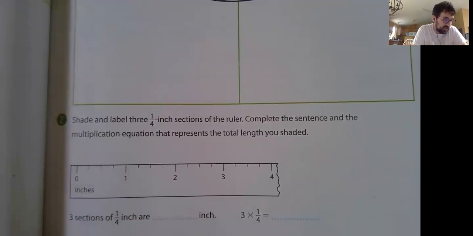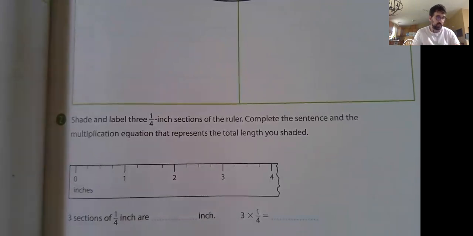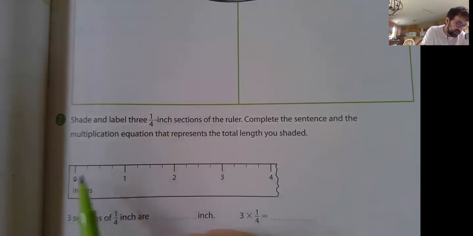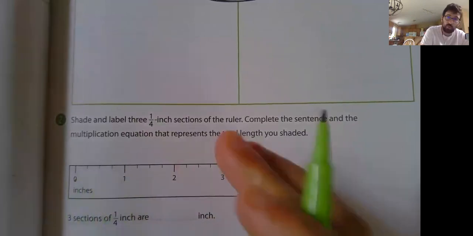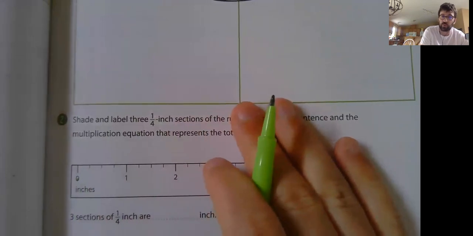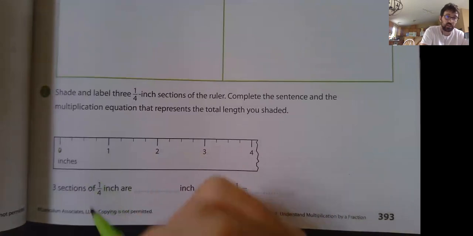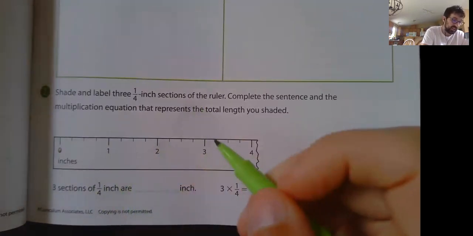Complete the sentence and the multiplication equation that represents the total length that you shaded. So we're going to shade in 3 1/4 sections. From 0 to 1, there's 1, 2, 3, 4 parts. So it's already broken up into fourths for us.